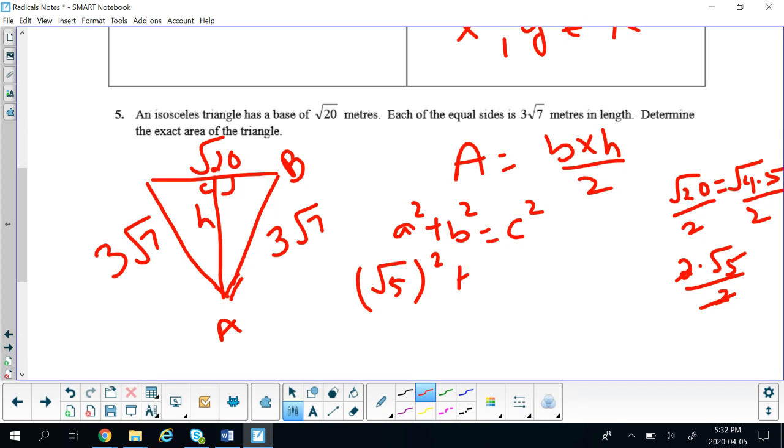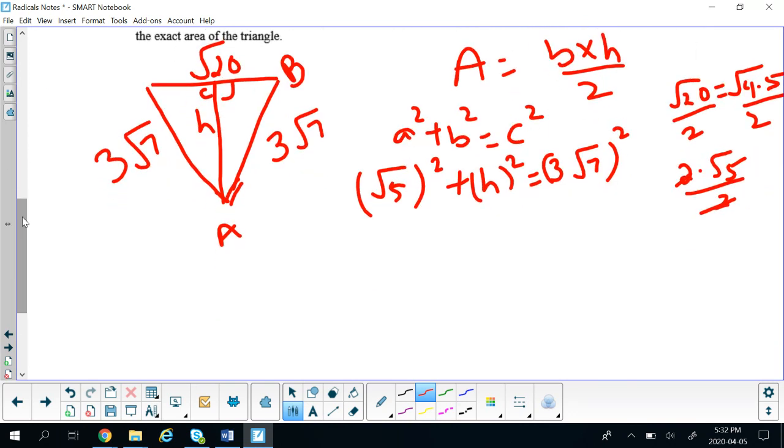Okay. So side A is square root of 5 square. And our B is h. And our C is 3 square root of 7 whole square. So let's simplify it for h. So this becomes 5 plus h square equal to 3 square is 9.